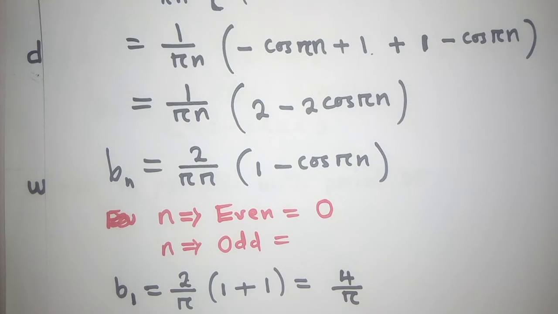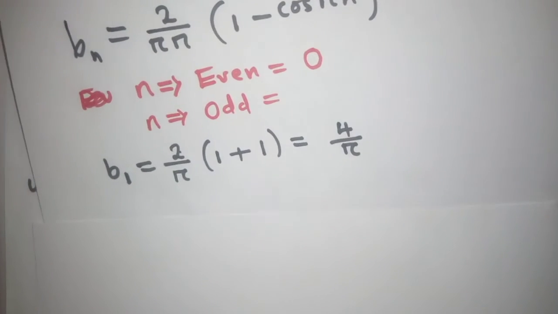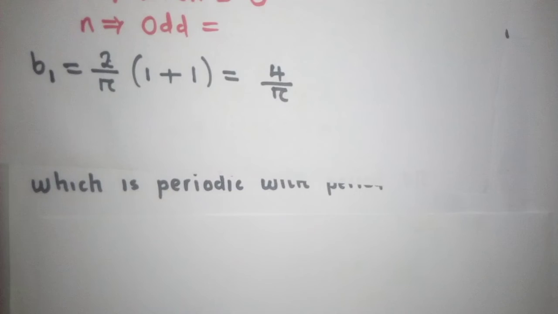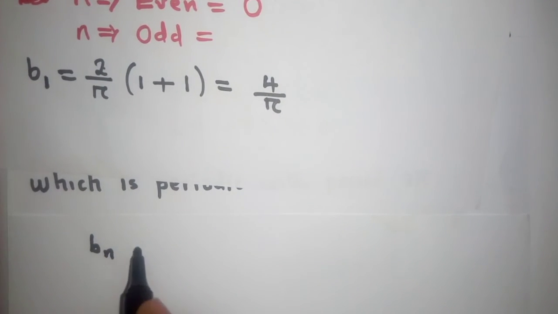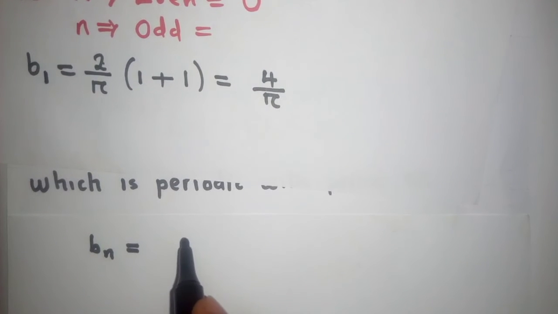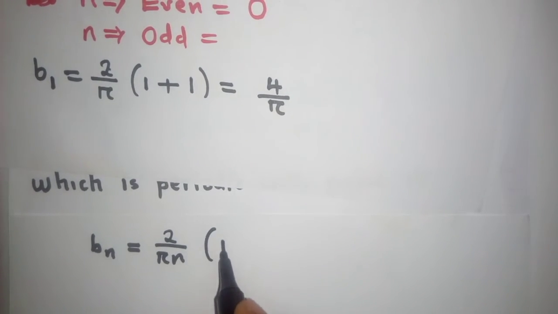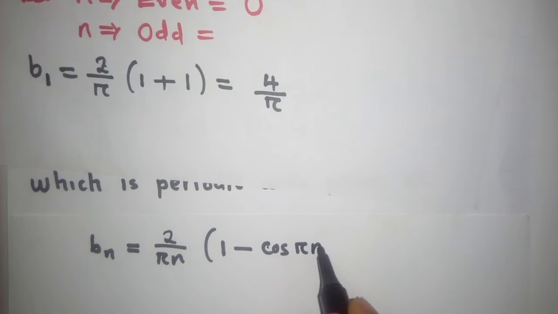Okay, so let me just list them so that we see what we are talking about. We have found our bn to be equal to 2 over pi n times 1 minus cos pi n.